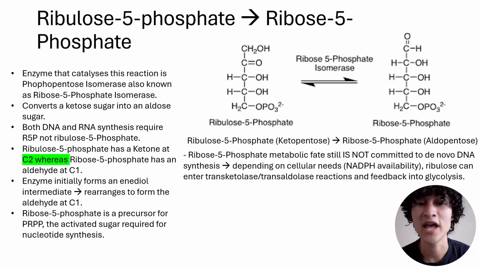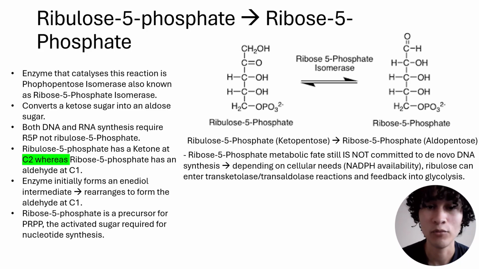Now, both DNA and RNA synthesis require ribose 5-phosphate because ribose 5-phosphate can be readily converted into phosphoribosyl pyrophosphate, which, as you know, acts as our ribose scaffold in purine synthesis, and it's directly attached to our readily assembled pyrimidine ring in pyrimidine synthesis. Now, essentially, what's happening? What is the difference?